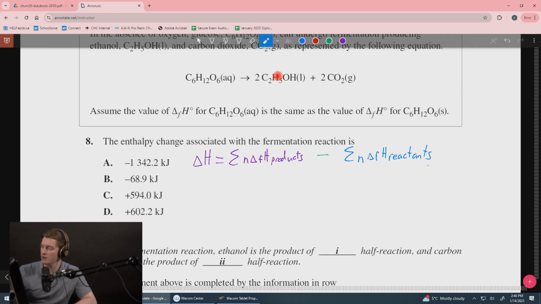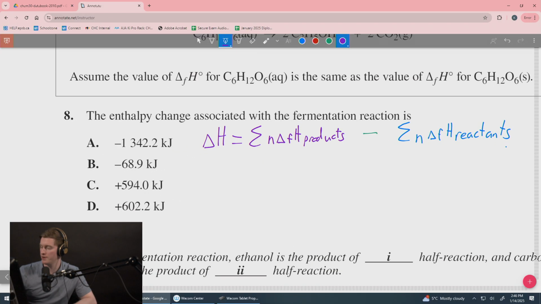Our products here are our ethanol and our carbon dioxide gas. I'm going to try and write this so I can fit it all in here. We'll start with our products. So we have 2 moles of ethanol, C2H5OH, multiplied by our standard enthalpy of formation, which is negative 277.6 kilojoules per mole.